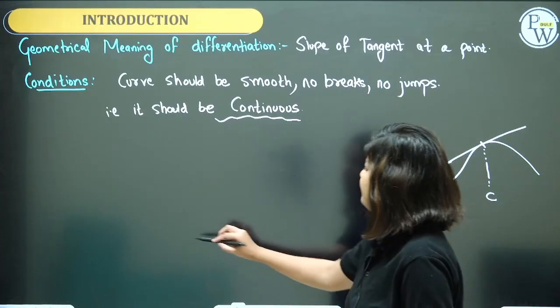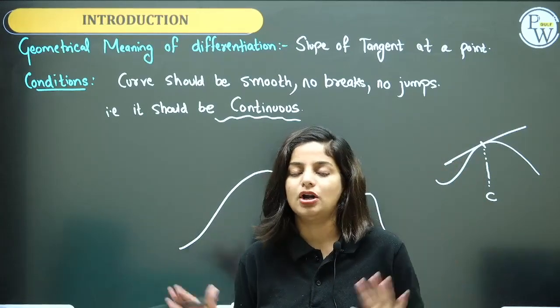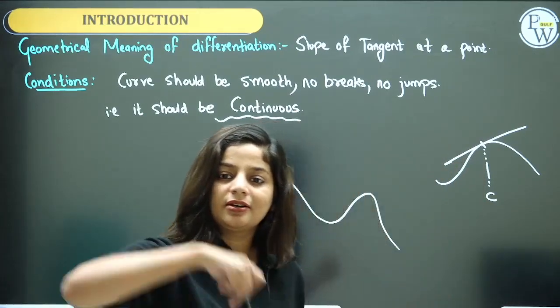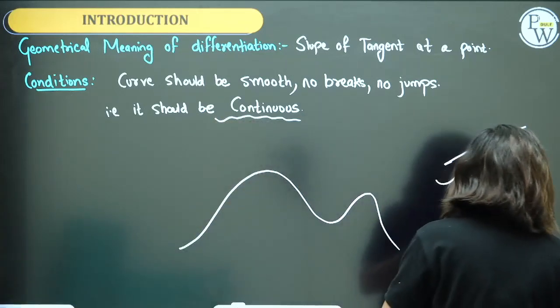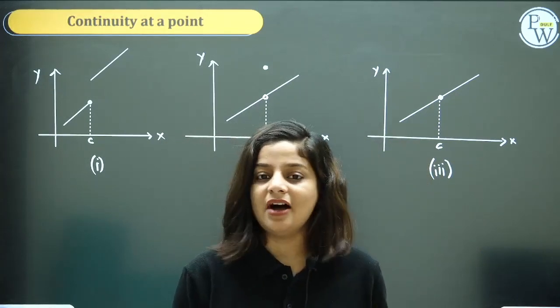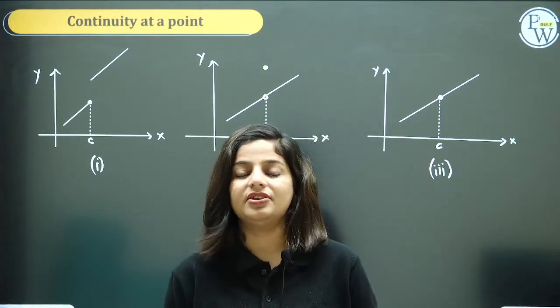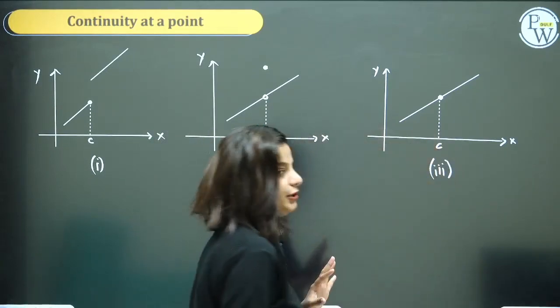In simple words, if you are able to draw the graph without lifting the pen, it is called a continuous function. If you are not lifting the pen, it's a continuous function in layman terms, right? Now here are 3 graphs in front of you. Through these 3 graphs, we will try to understand which graph is continuous and which is not.